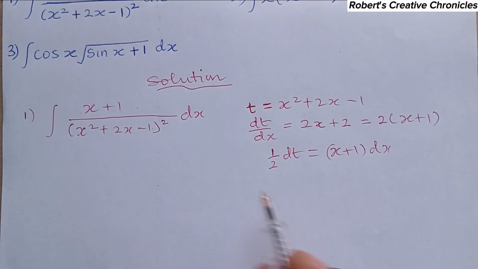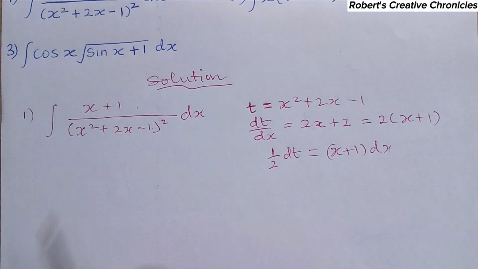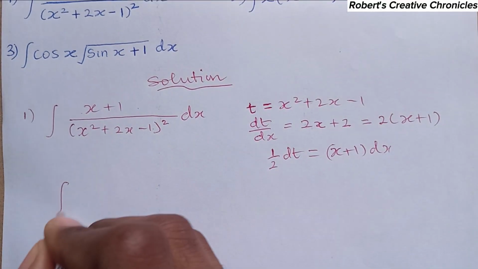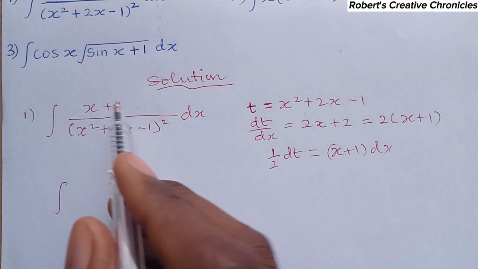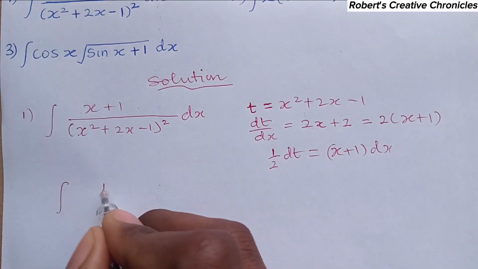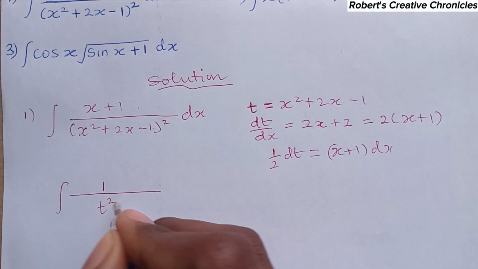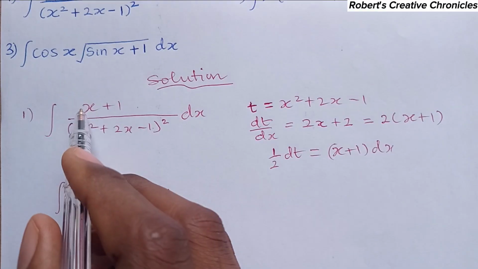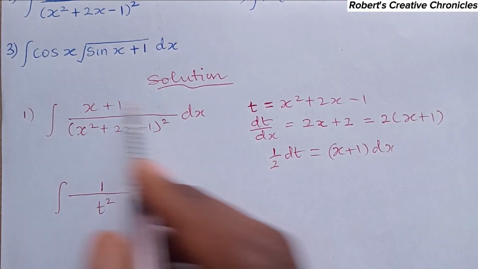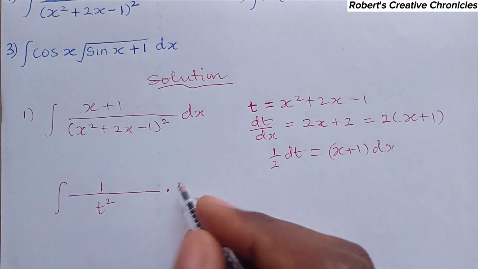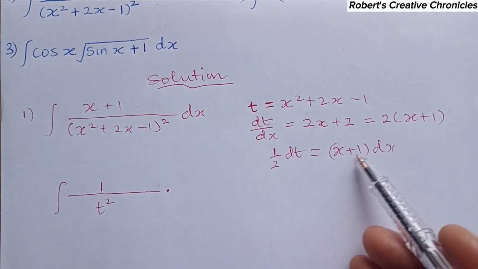So now we can substitute the values of t here. We will get the integral. Here we have a value for it, so we can put 1 over t squared, then times, this we can remove it because this and this are multiplying this fraction. So we substitute them here.